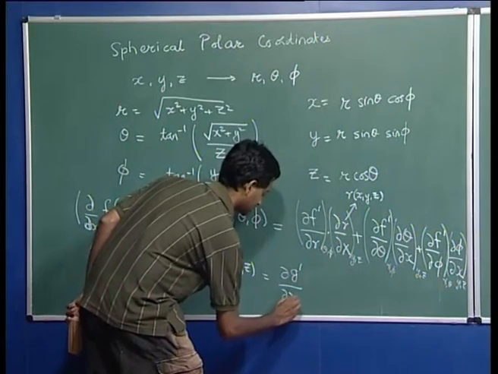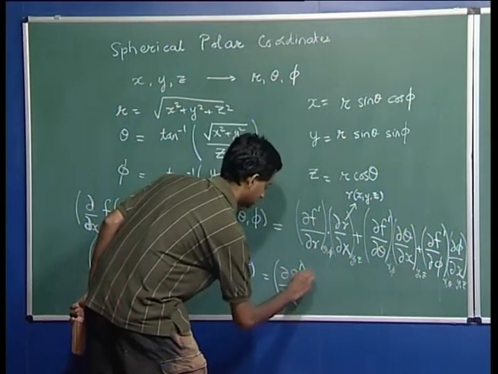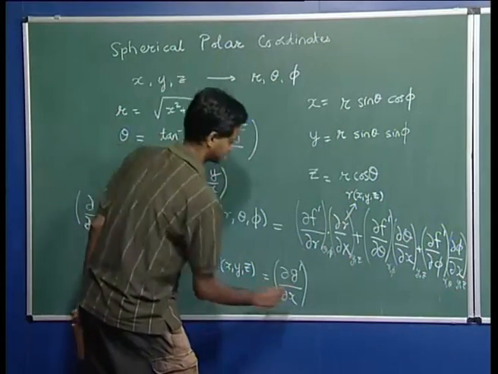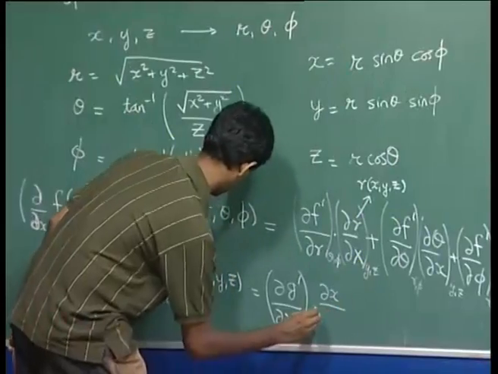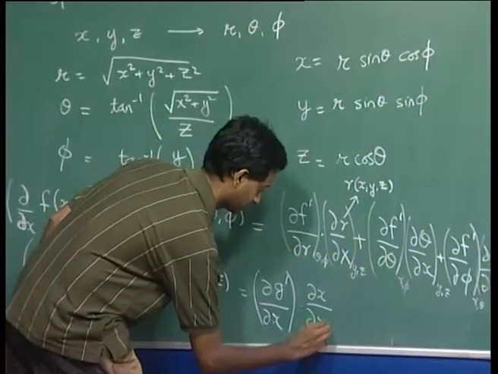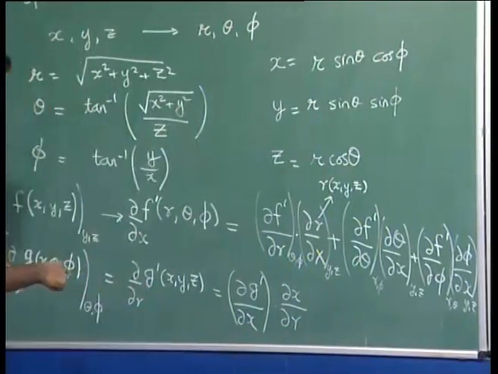dou g prime by dou x, this is keeping y and z fixed, into dou x by dou r. Okay.